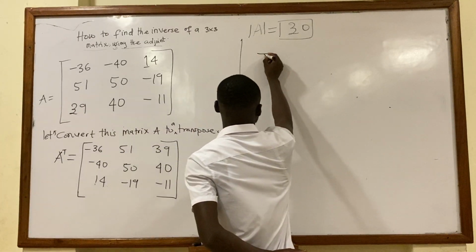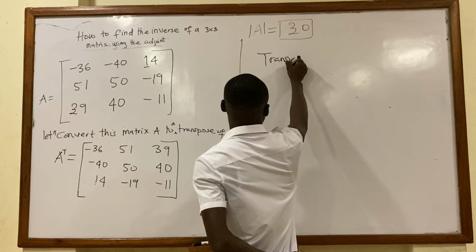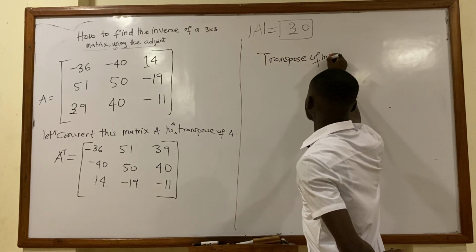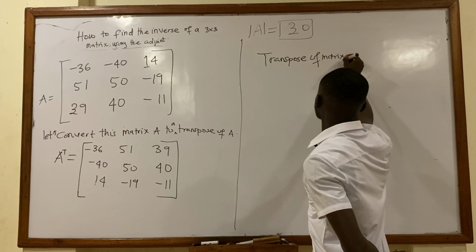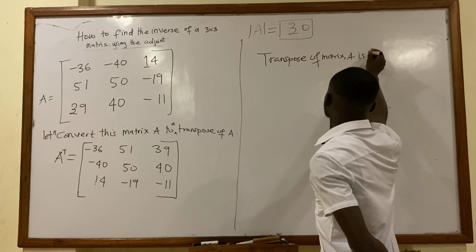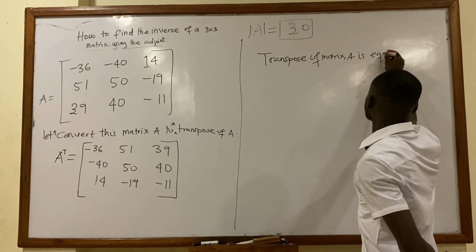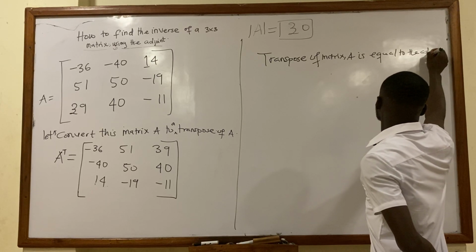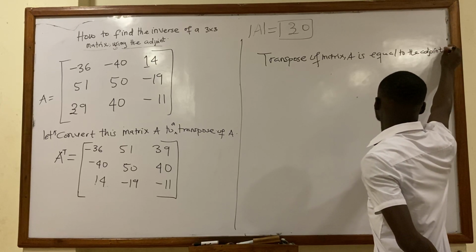So the transpose of matrix A is equal to the adjoint, right?